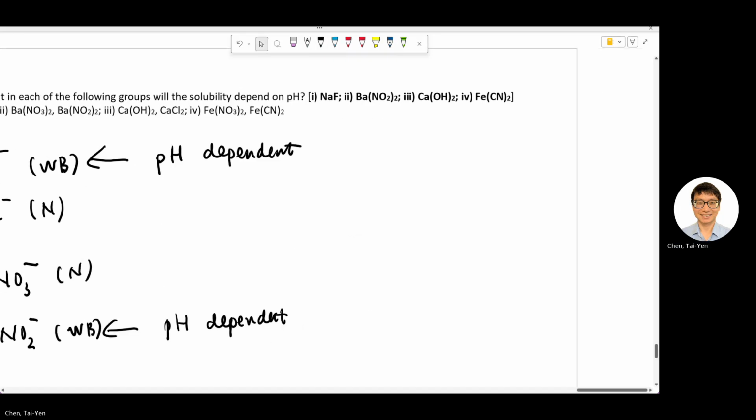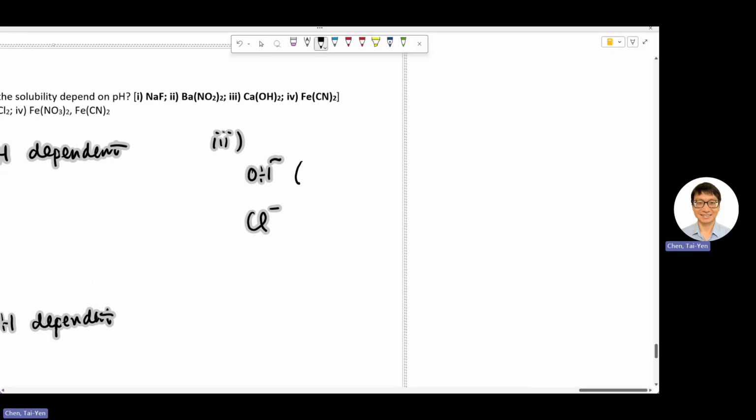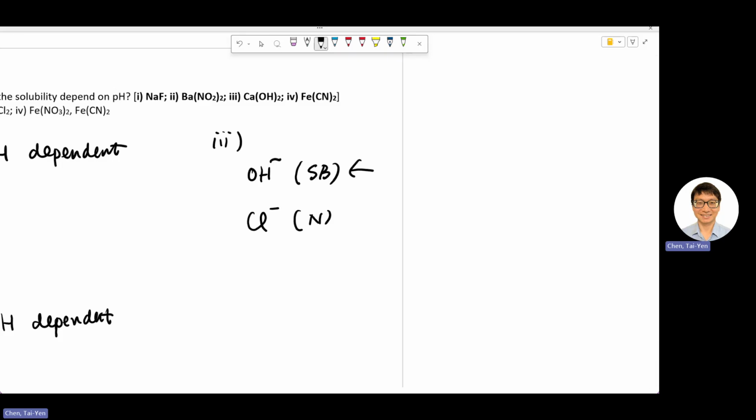Number three, Ca(OH)2, the anion will be OH minus. CaCl2, the anion will be Cl minus. OH minus is a strong base. This one is neutral. Therefore, OH minus is pH dependent.